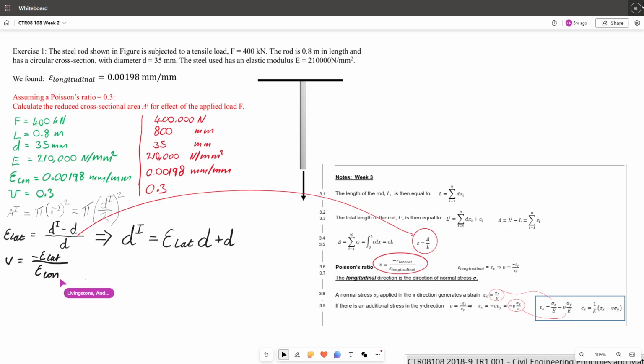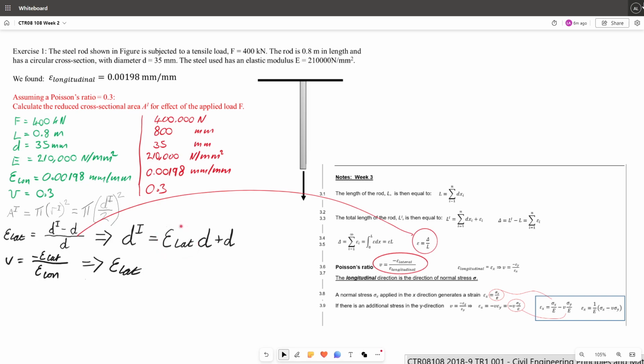I'm going to rearrange that to get what I need. Because remember what I'm missing at the moment.